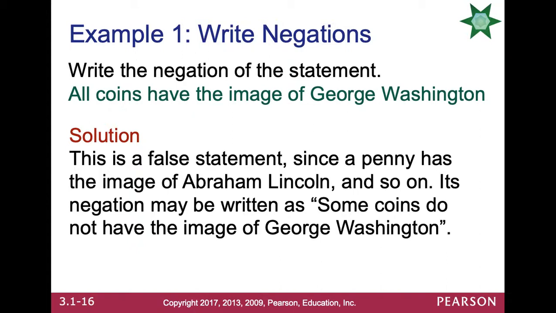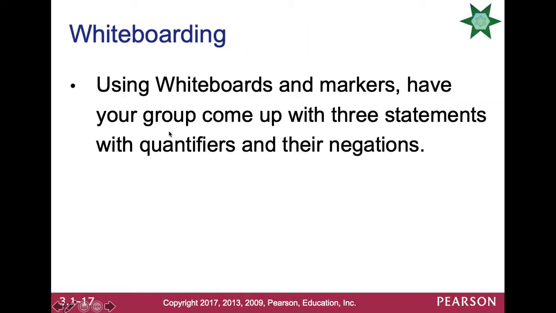The dime has Franklin Delano Roosevelt, and the half dollar has John F. Kennedy, and the penny, of course, has Abraham Lincoln. So all coins have the image of George Washington is a false statement. So if we're going to negate this, we would have to say some coins do not have the image of George Washington.